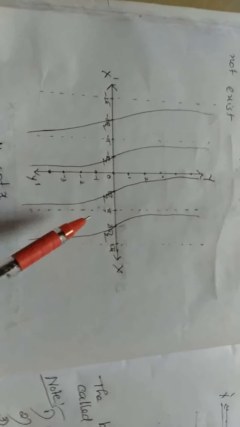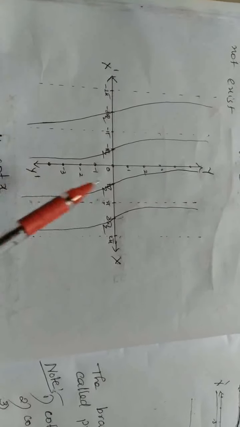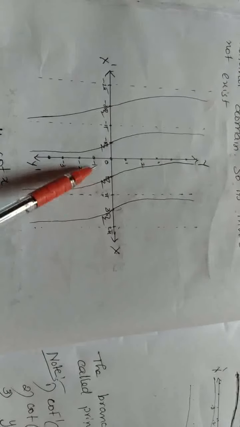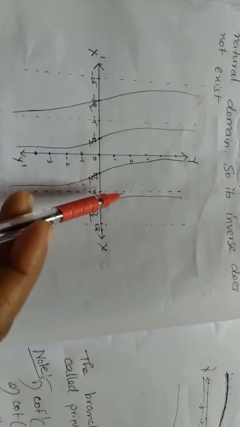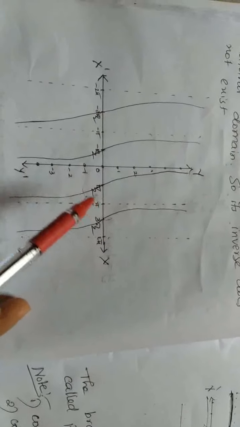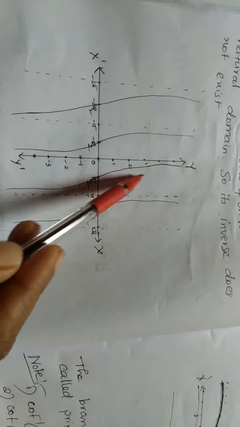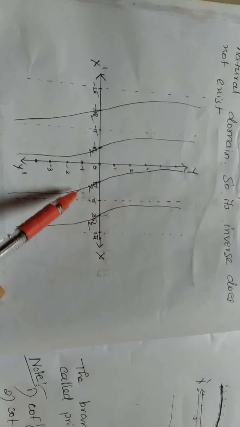Now, let us restrict its domain to 0 to pi. Look at this portion, 0 to pi. This function becomes 1-1 as well as onto. No two elements in this region have the same images. Different elements have different images.